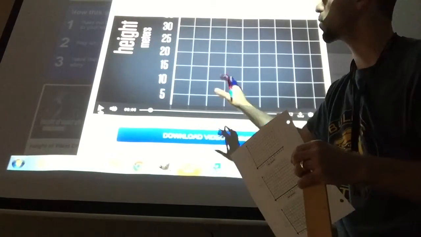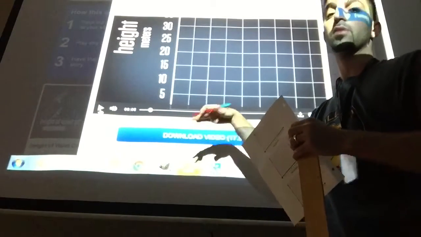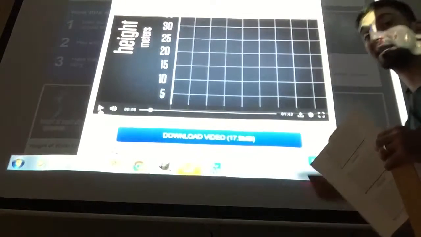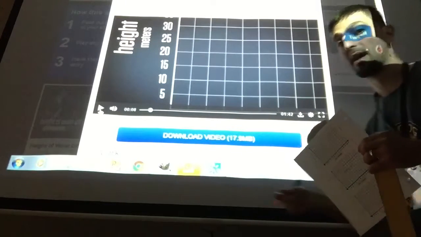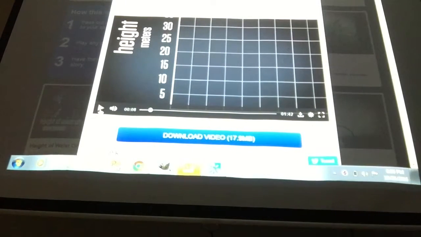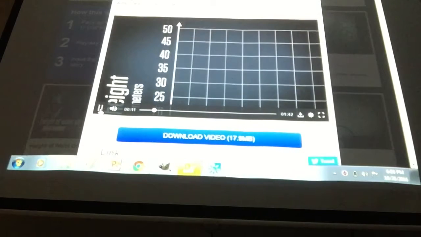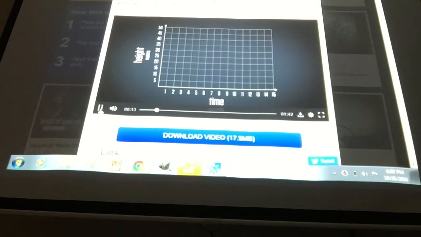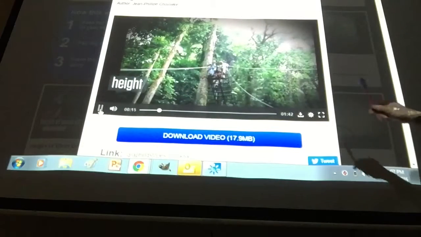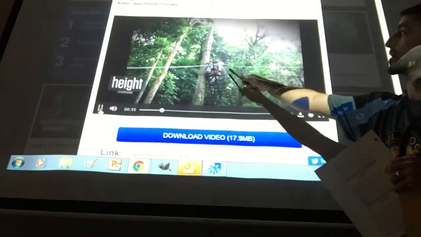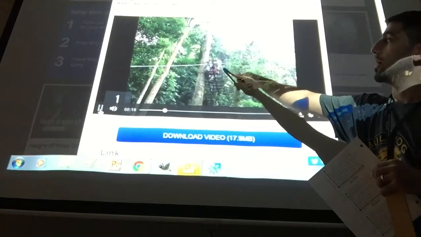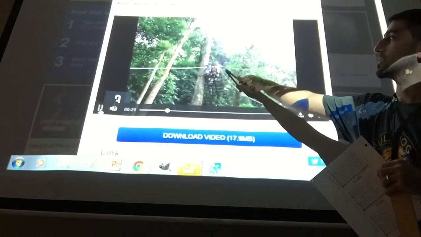All right, now we're going to watch the video, and then we're going to see it played regularly, and then we're going to see it played in slow motion. And when it's in slow motion, that's when you start making your graph. So let's go ahead and see what it looks like. So it starts out with a girl on the top of these stairs.